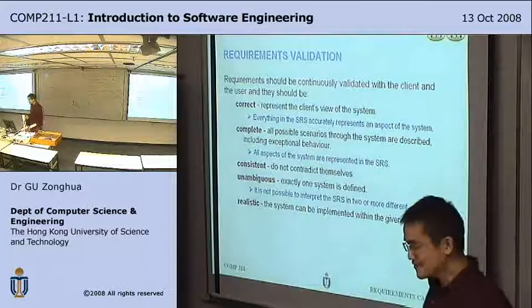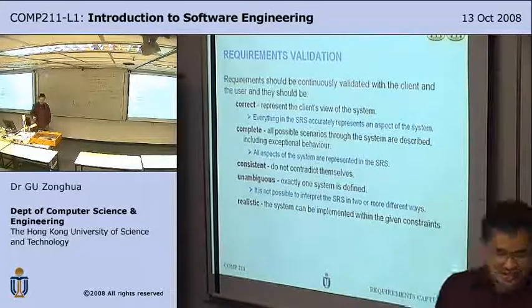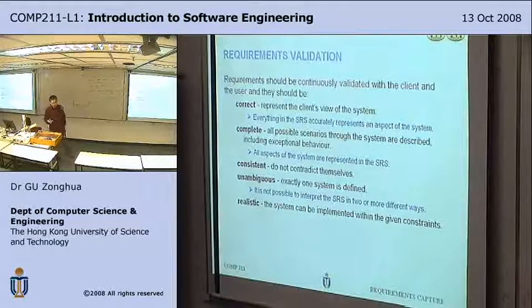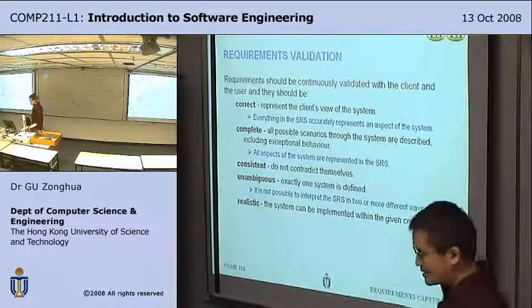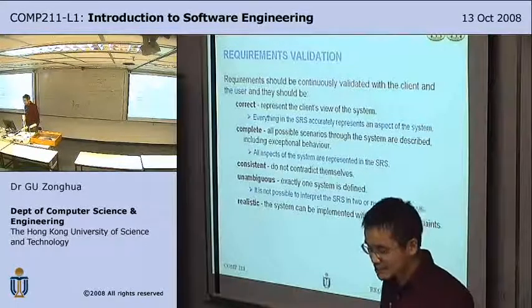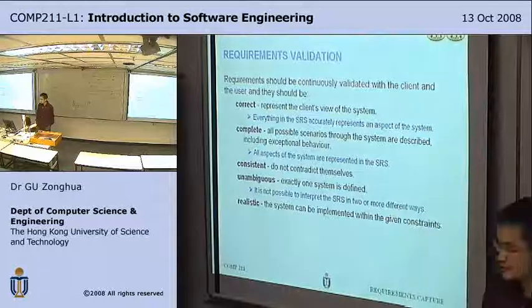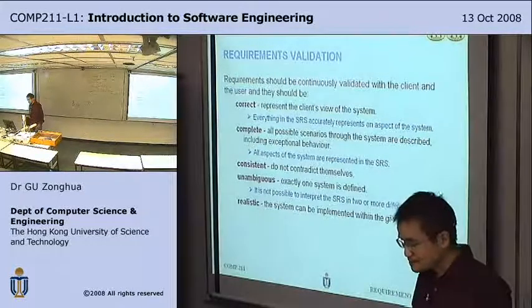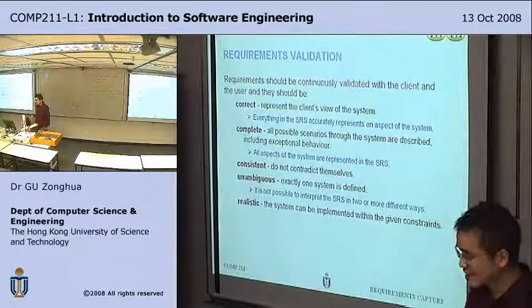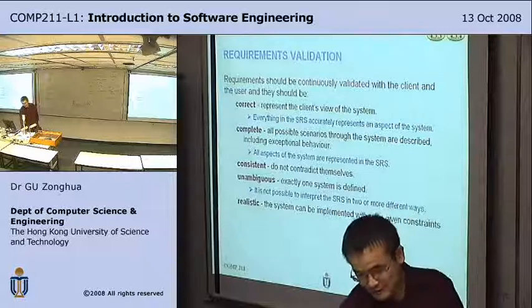And eventually, at the end of the requirements stage, the document should contain all possible scenarios. That is, if it's not contained in it, then you don't have to implement it.